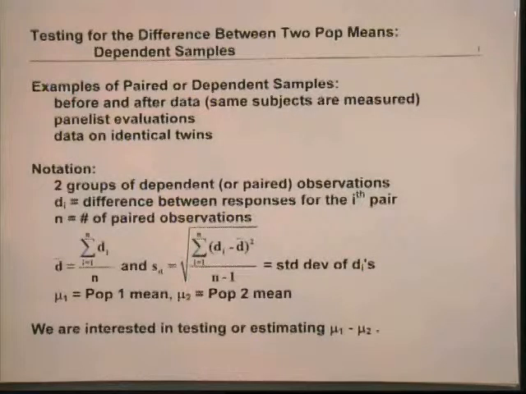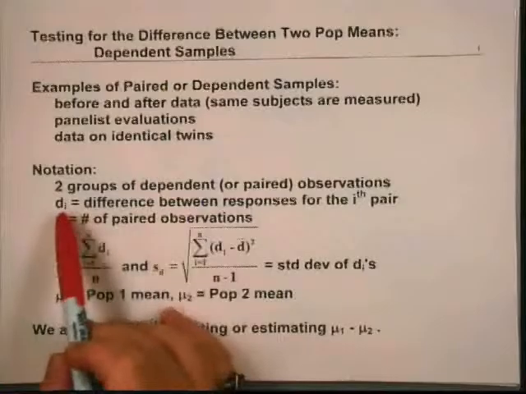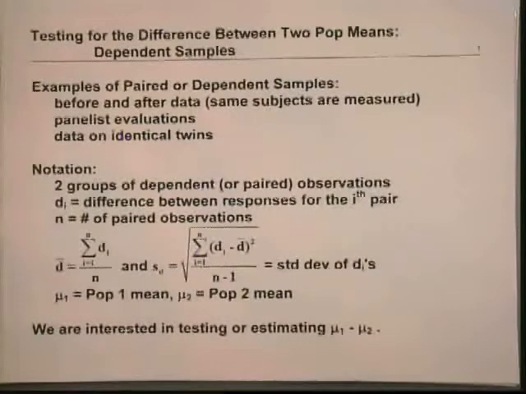All right. So our notation here, we have our two groups of dependent samples. And of course, if they're paired, then both samples have to have the same number in them. So I'm not interested in the total number of observations, but the number of paired observations. I'm going to compute a difference across sample 1 to sample 2 for each pair in the data set.